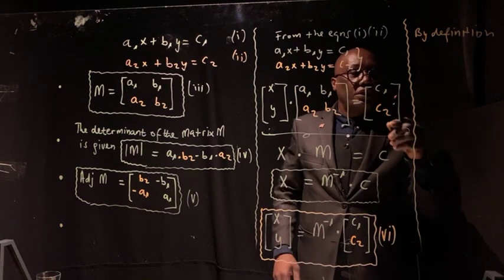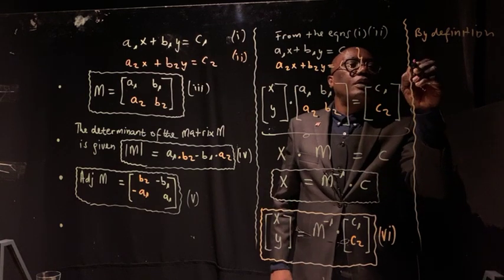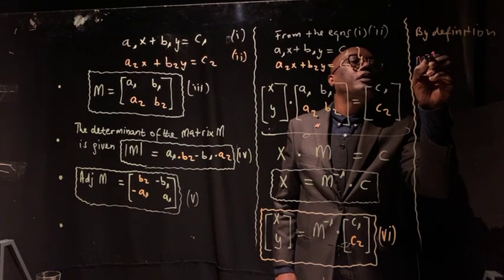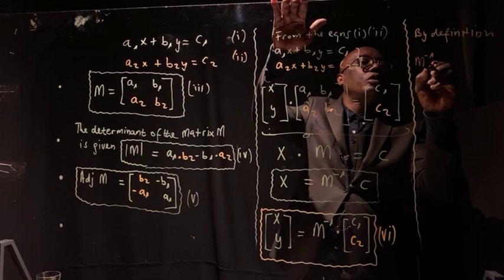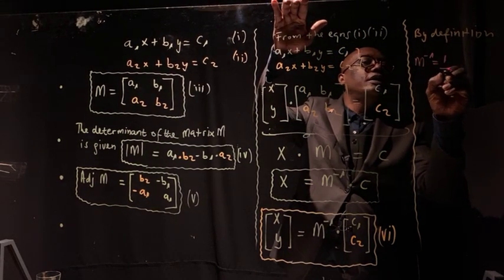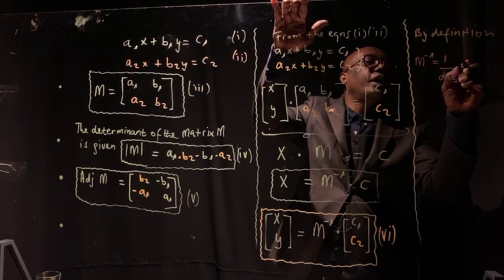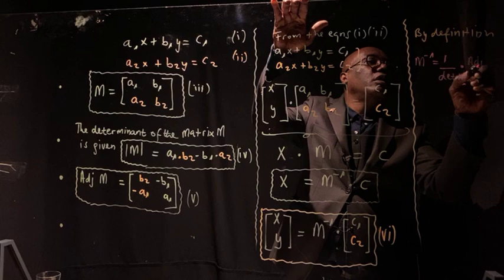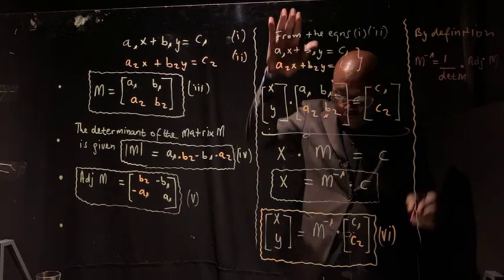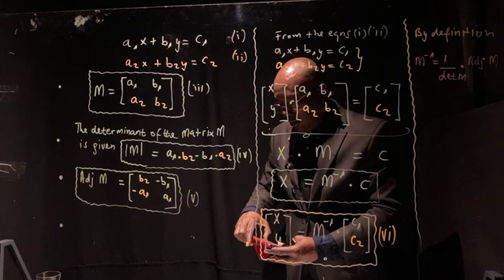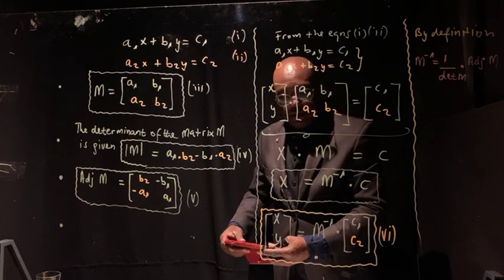So the matrix inverse of the matrix M by definition is equal to 1 over the determinant of M times the adjoint of M. Can you see there? Oh, it is far worse.